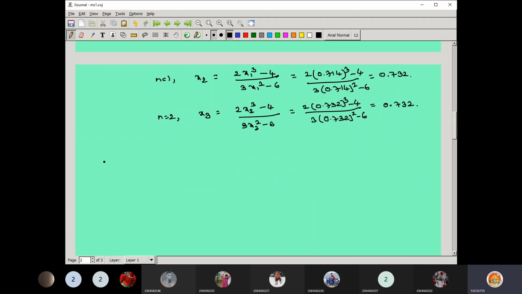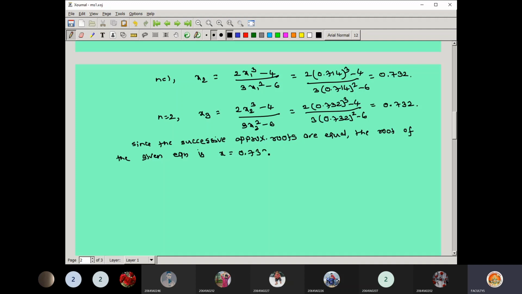So make a statement that, since the successive approximate roots are equal, the root of the given equation is, just you write down x equal to 0.732.